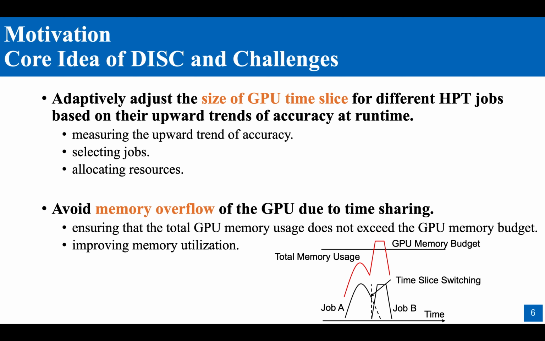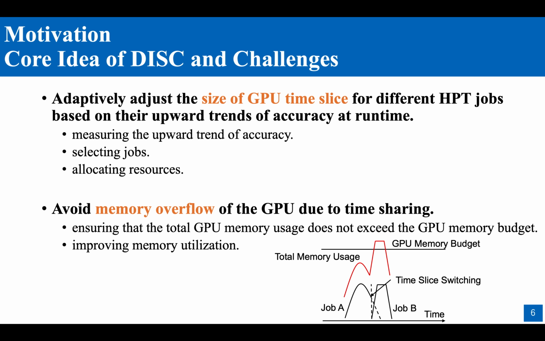It's non-trivial to achieve this idea, which requires tackling the following challenges: measuring the upward trend of accuracy, selecting jobs, allocating resources, and ensuring that the total GPU memory usage does not exceed the GPU memory budget, as shown in the bottom figure.